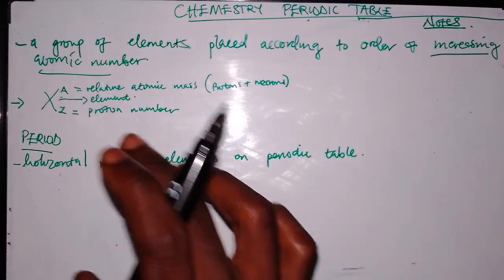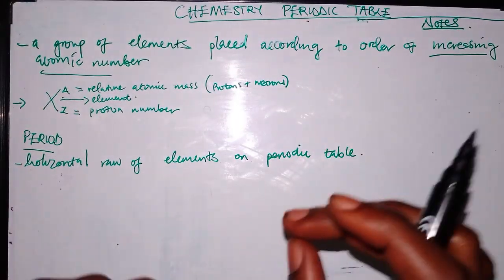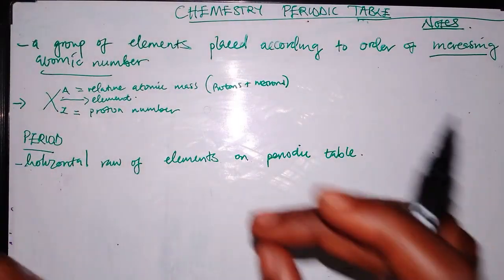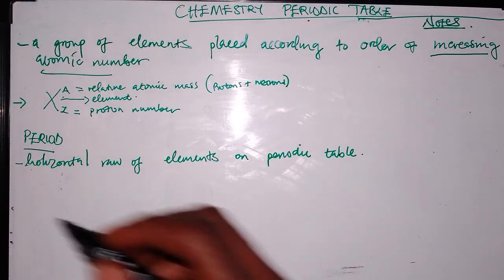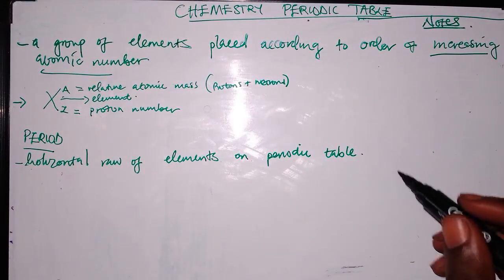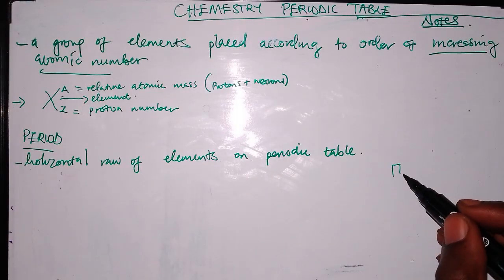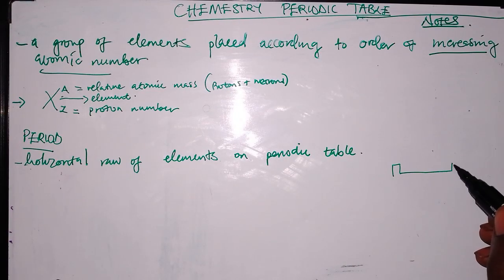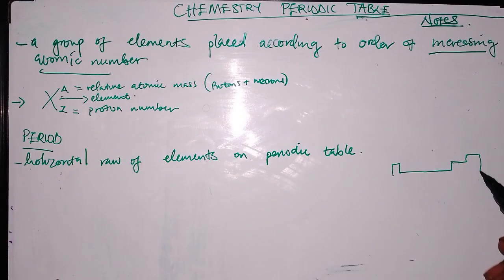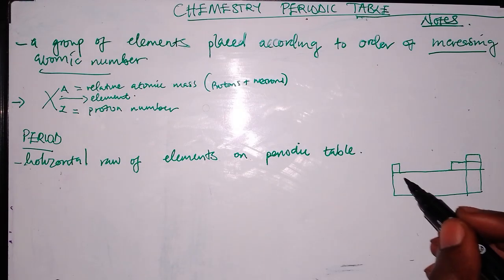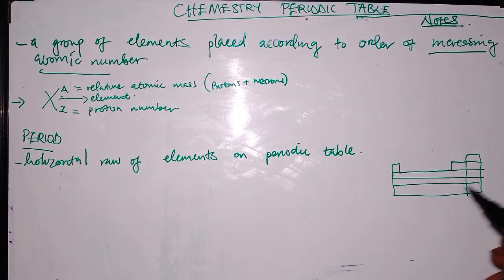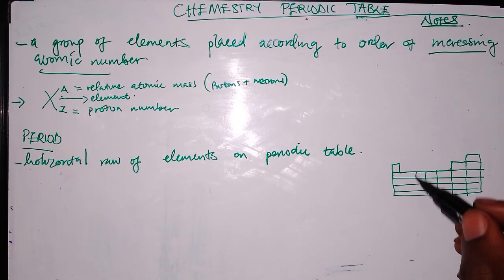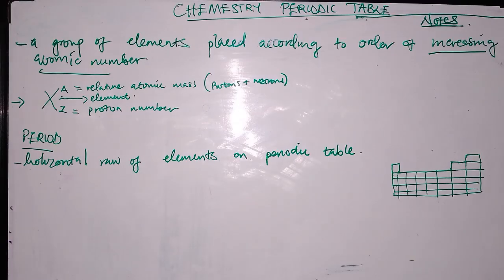What do we mean when we say the periods are the horizontal rows of elements on the periodic table? We know that the periodic table is like this. This is just a rough sketch, and I'll be using this to refer to it as our periodic table.